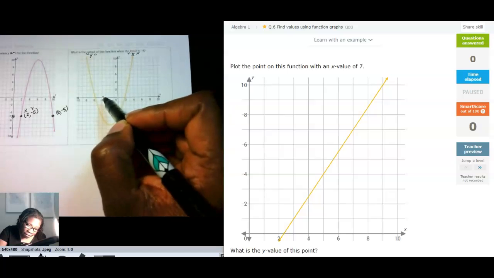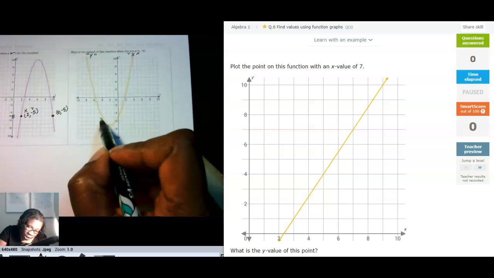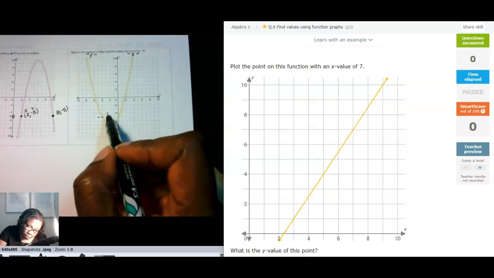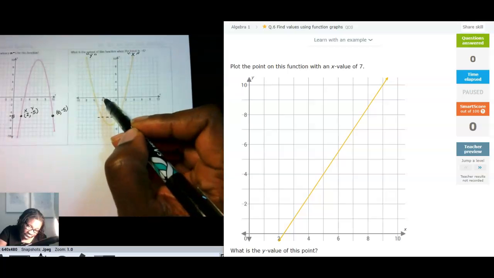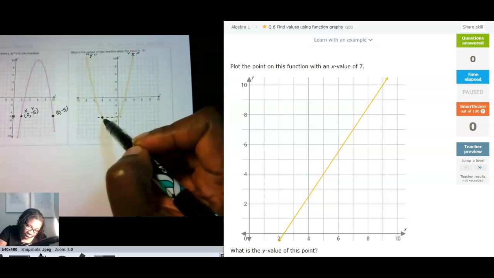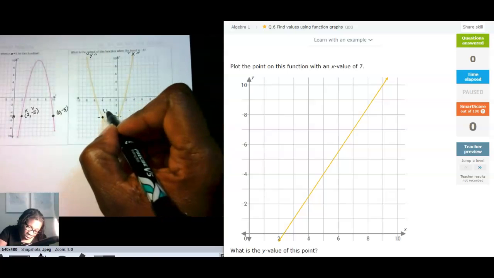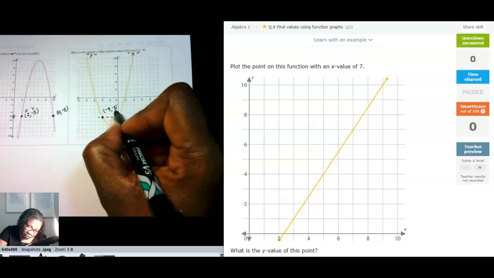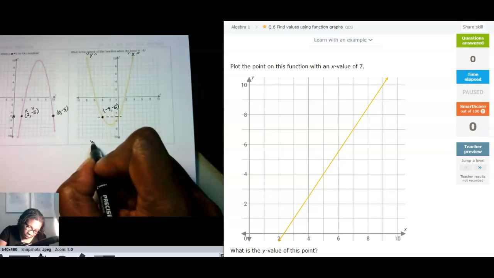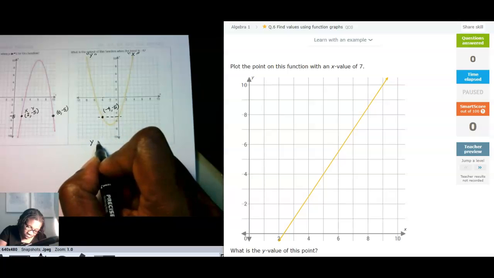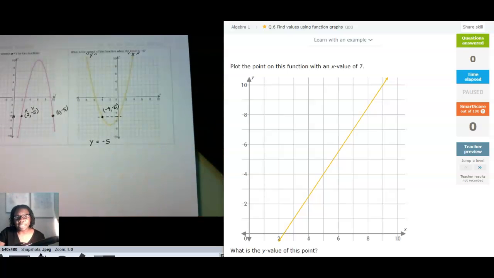Once we're here at negative 4, we're going to try and find our y value. We only have 1. X is negative 4 right here, so this would be negative 5. So this ordered pair would be negative 4, negative 5. And so our y value is negative 5. So that's how you would do that.